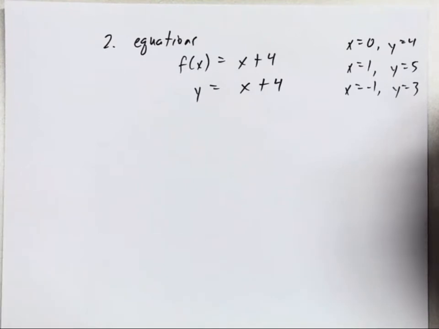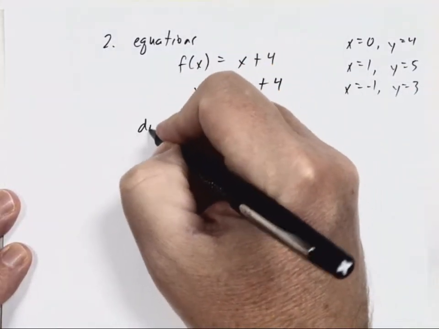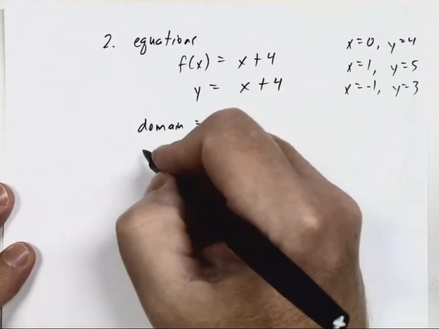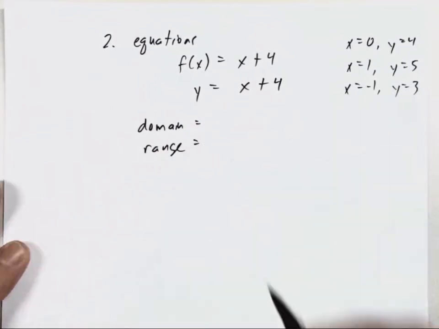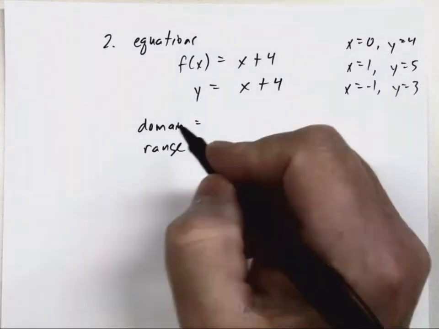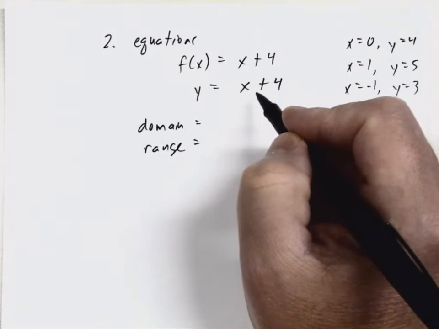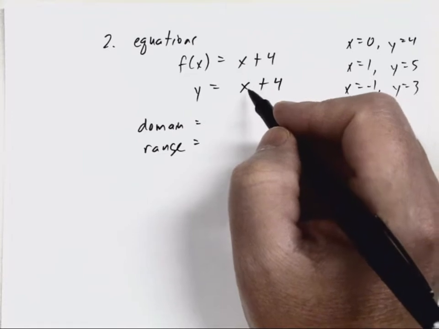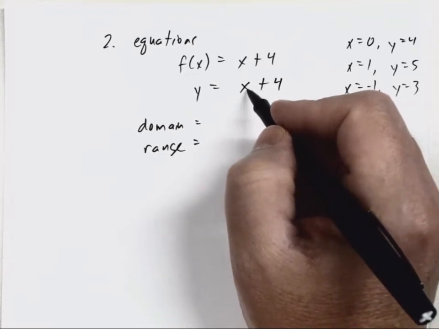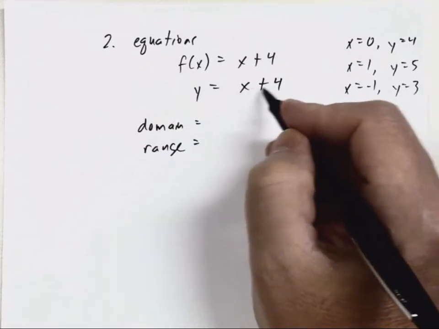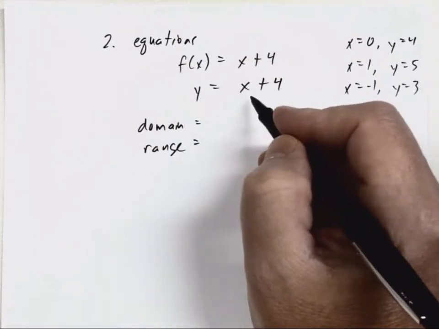So let's think about if someone says, what's the domain of this equation, and what's the range? Now this is where you ask yourself, when I look at this equation, is there some number that I could not plug into x? In other words, domain is what numbers can x be? Or an easier way to think about it is what numbers can x not be? This is an example where x can be anything. There's no limitation.